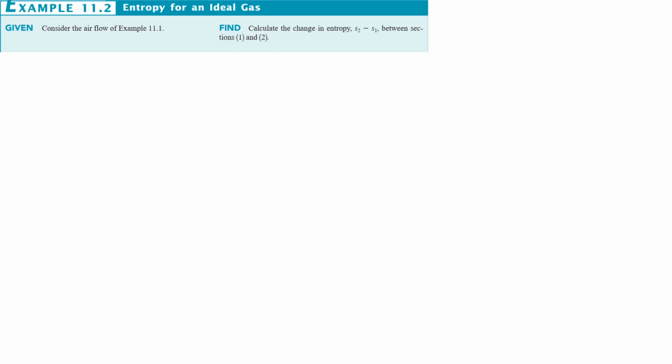Okay, so now let's look at this example in which we are required to calculate the change in entropy. This is example 11.2, and in this example we are going to use the data from example 11.1.